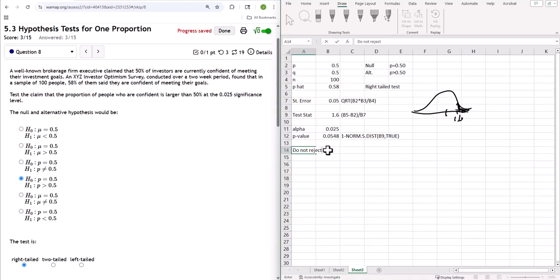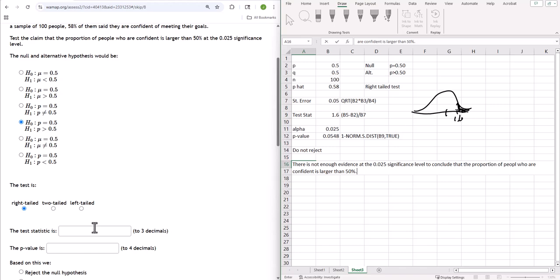So our decision is to not reject the null hypothesis, and then our conclusion would be there is not enough evidence at the 0.025 significance level to conclude that the proportion of people who are confident is larger than 50%.